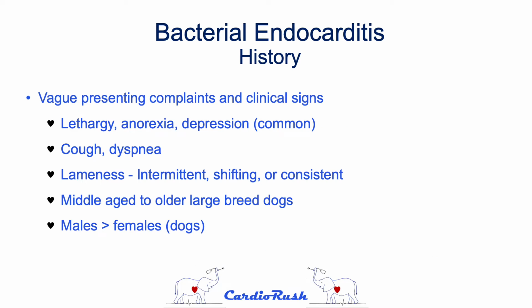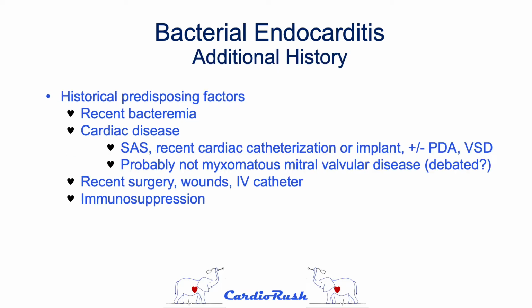So animals may have vague presenting complaints or clinical signs that might include lethargy, anorexia, depression, cough or dyspnea, lameness, especially intermittent shifting lameness. And in dogs, they may be middle-aged or older large breed dogs, and males are predisposed.